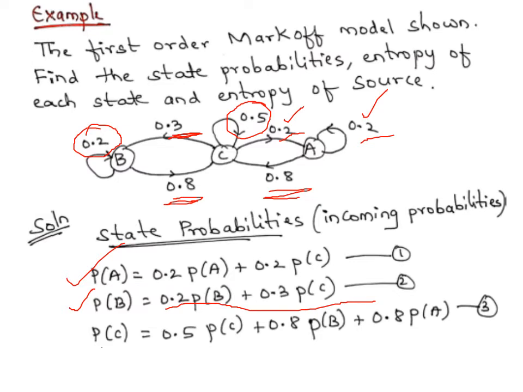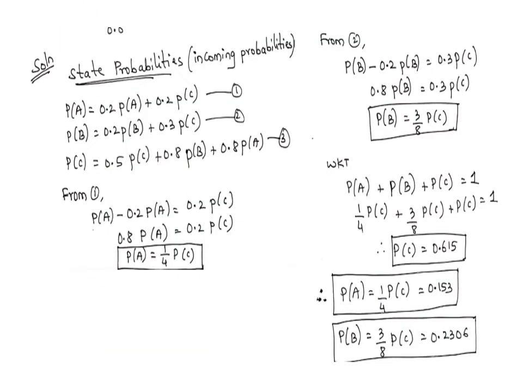Therefore, P of C is 0.5 P of C plus 0.8 P of A plus 0.8 P of B. So using these state equations, we can now determine state probabilities.